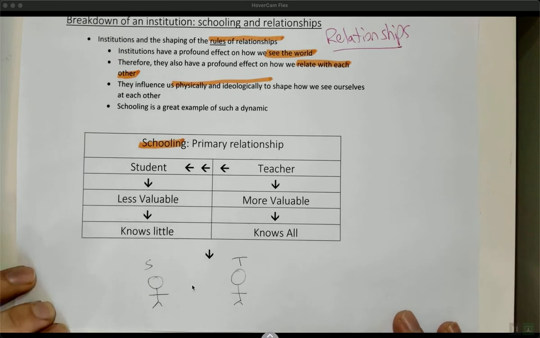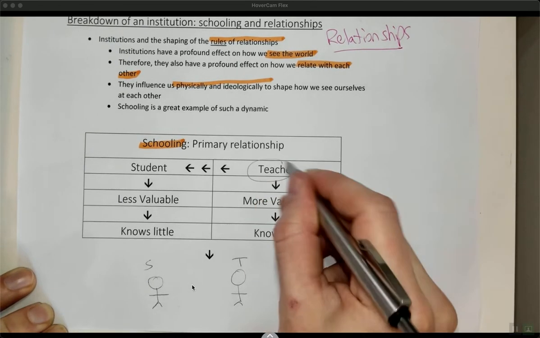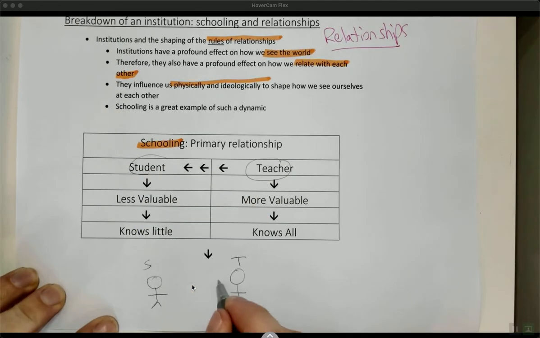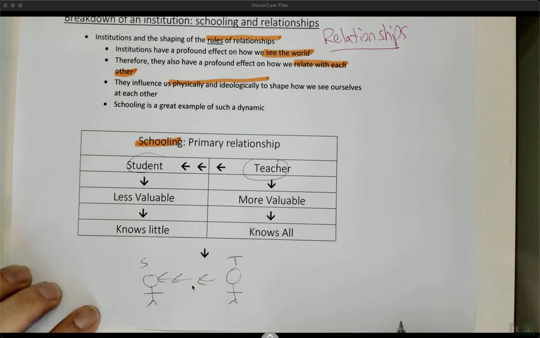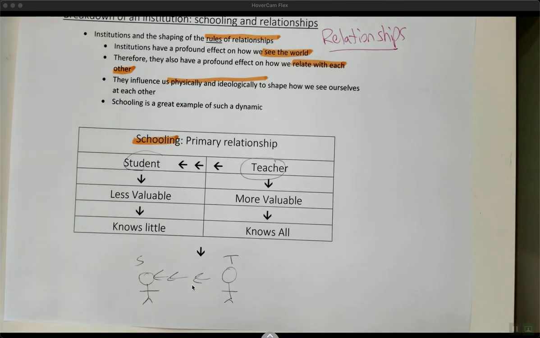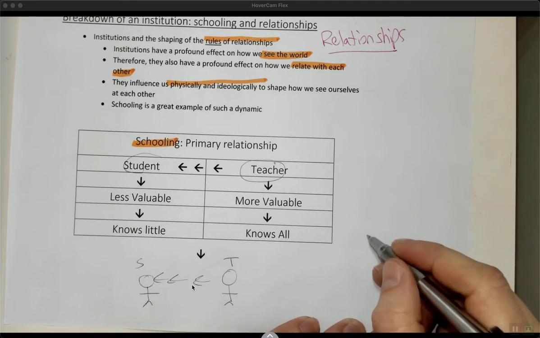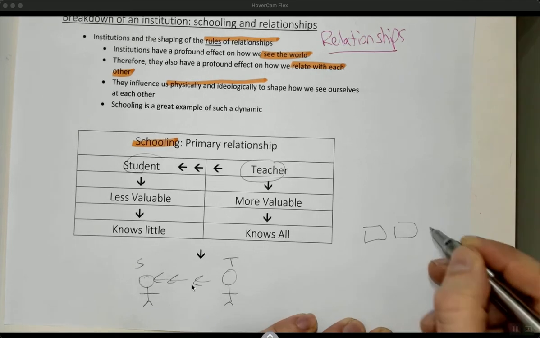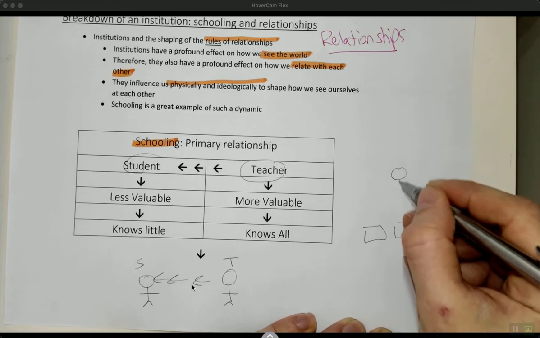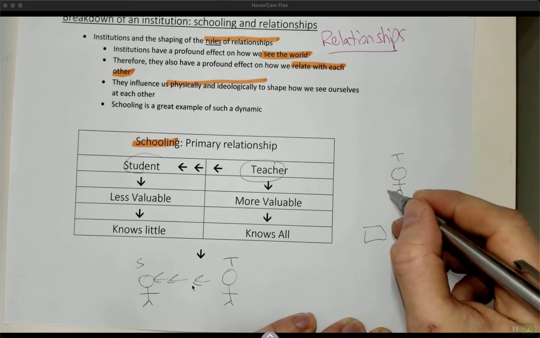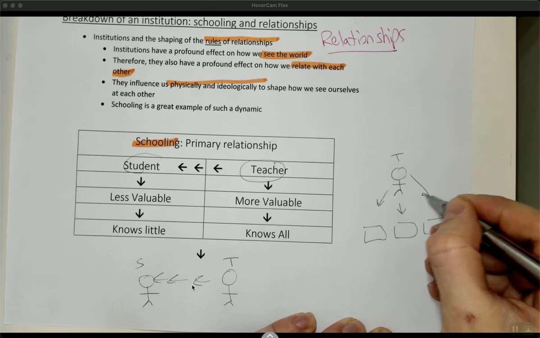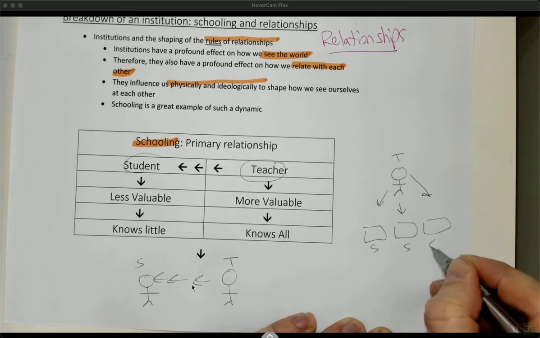If we think about our relationship here, how does the teacher relate with the student? In this case, the knowledge and information discussions often go one way. If you think about your experience in most classrooms, the students all sit in front in the class, if these were the desks all arranged, and generally the teacher is up front talking to all of the students. So these are all students at the desks.